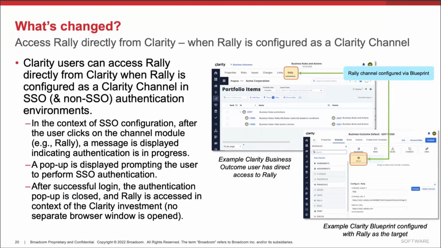Then after successfully logging in, that authentication pop-up closes, and Rally is accessed in the context of the Clarity investment. There's no separate browser window opened. So it behaves just like all other channels that you would have configured for your users.